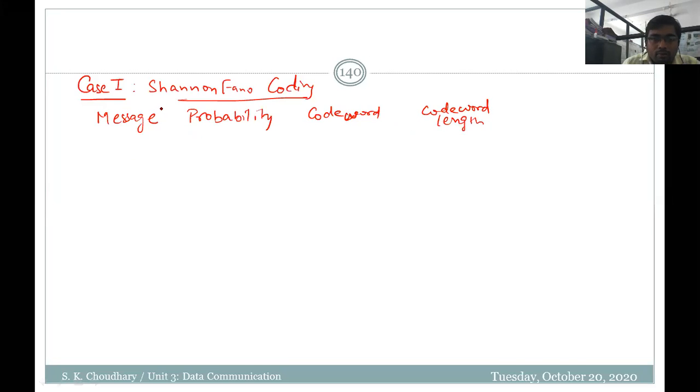So what is the first message? Now we have to arrange the messages according to the decreasing order of probability. This is very clear from the question. X1 has the highest probability, that is 0.4.